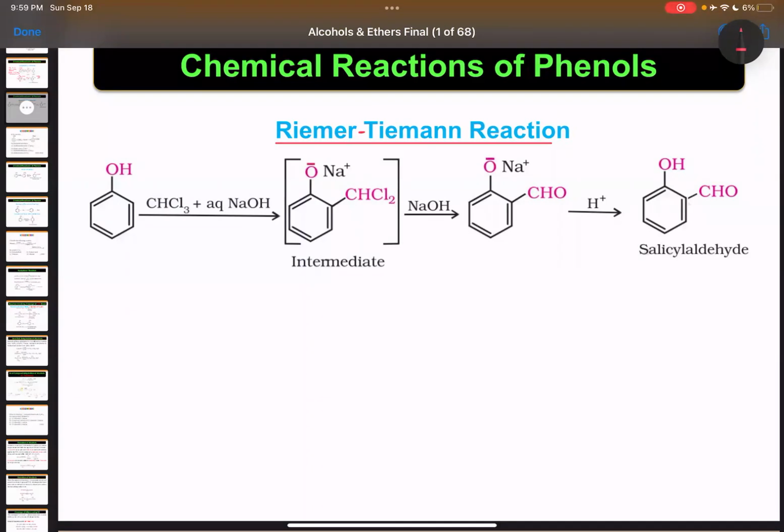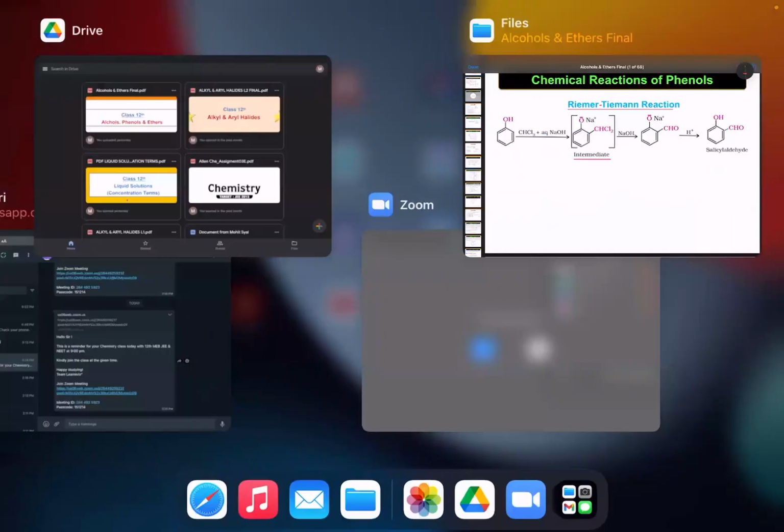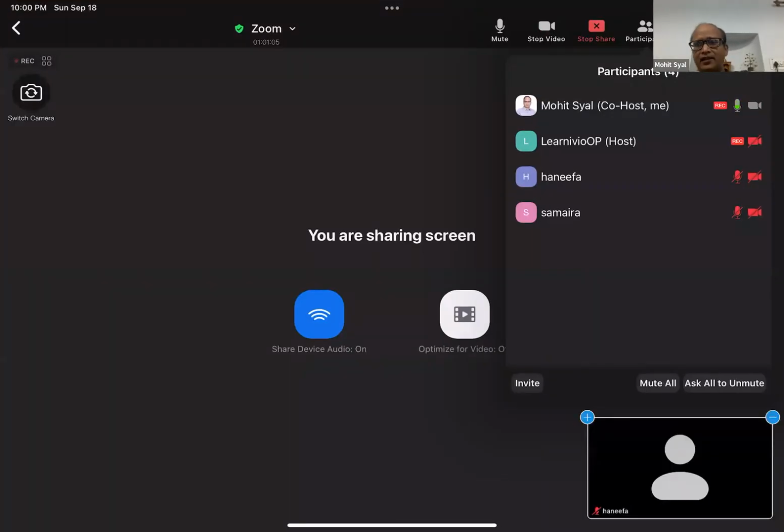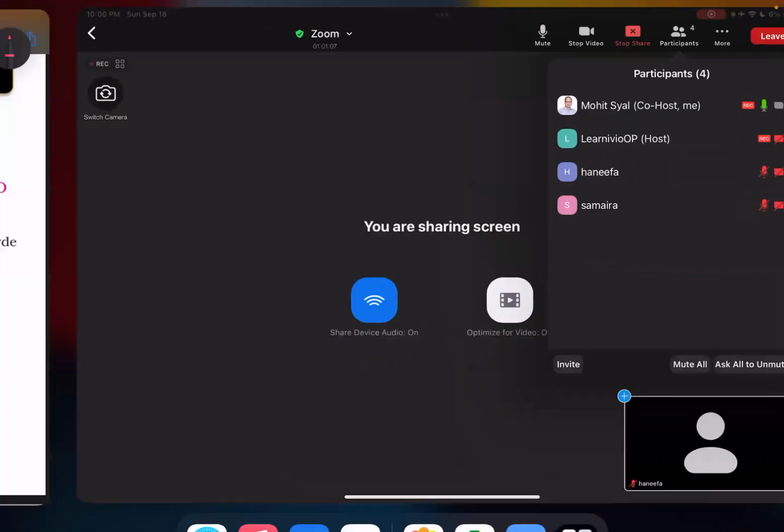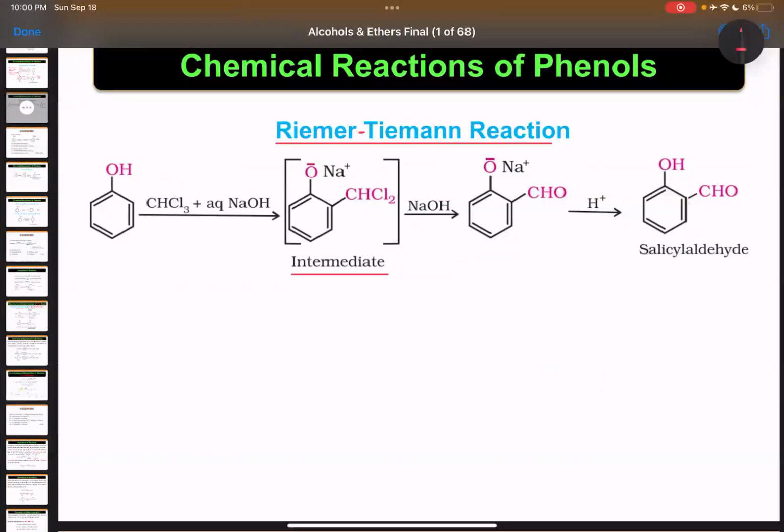What's the intermediate in this, apart from the one which is shown here? Reimer-Tiemann reaction is actually formylation of the benzene ring. You get CHO attached on the phenol, formylation of phenol at the ortho position.